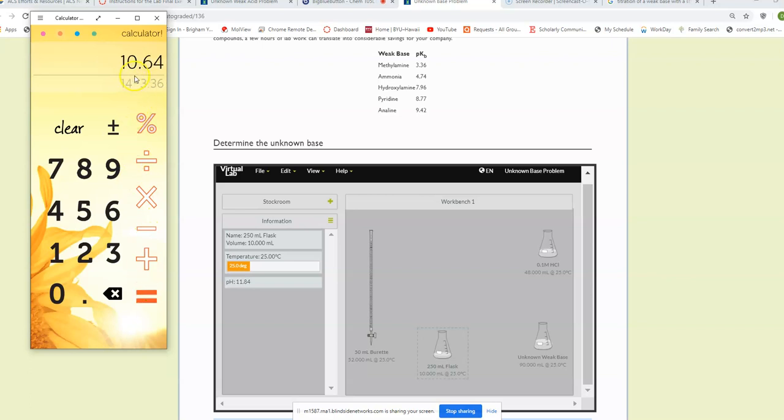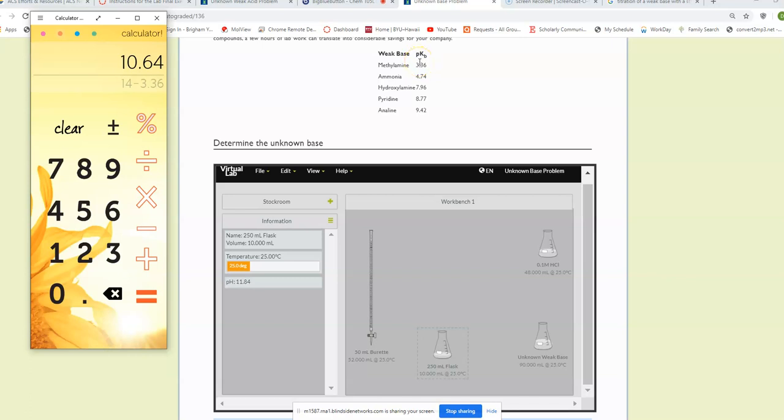That'll mean 10.64. So for methylamine, when we reach a pH of 10.64, it'll be equivalent to the pOH of 3.36.